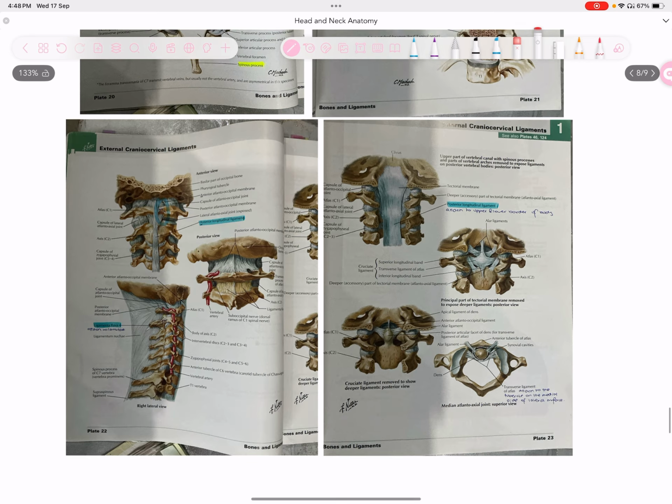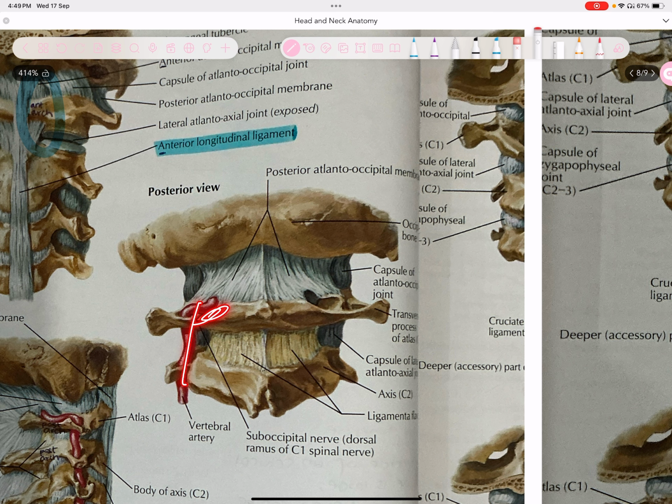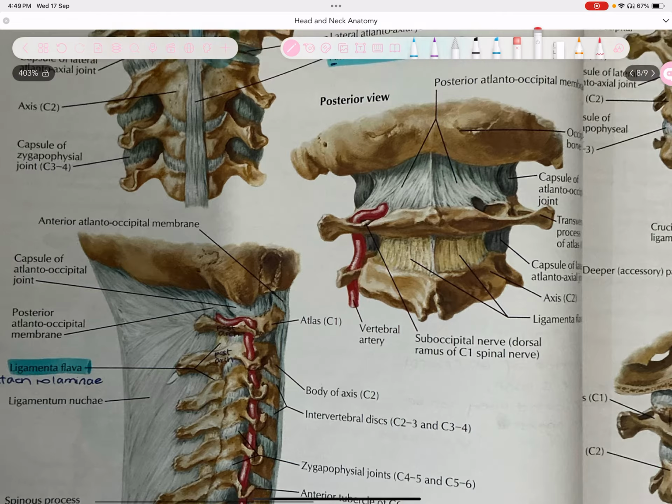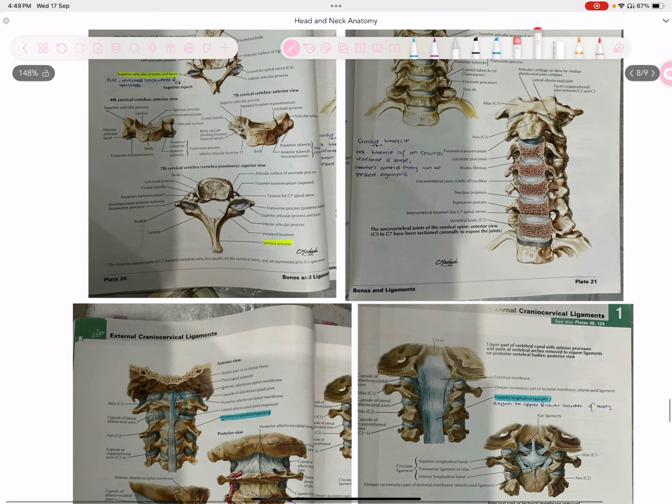So if there's anything that I didn't cover, or if you're confused, this is the vertebral artery, a groove on the posterior arch. Inferiorly, you have ligamenta flava. Superiorly, you had the posterior atlanto-occipital membrane. Then there was a groove, and then the tubercle gave attachment to the ligamentum nuchae.